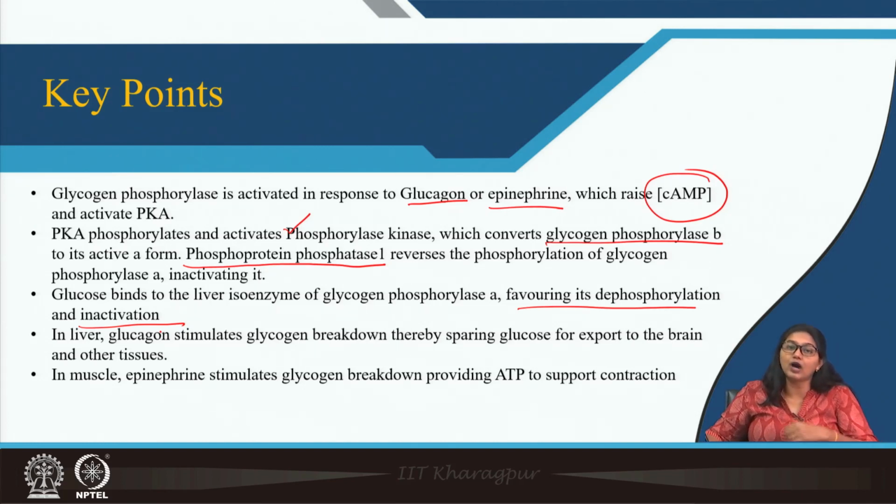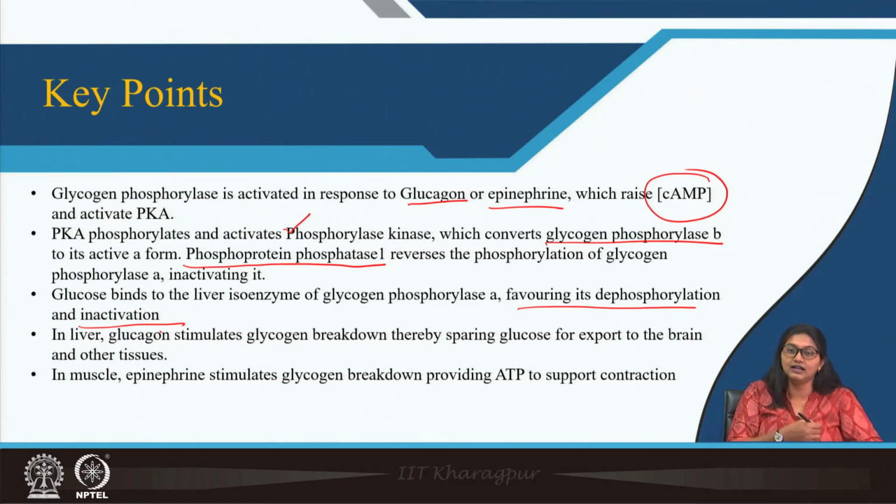In liver, glucagon stimulates glycogen breakdown, and this breakdown spares glucose for export to other tissues such as the brain. So, those tissues which are dependent on glucose for the provision of energy get glucose via glycogen breakdown, and that is solely controlled by the action of liver glycogenolysis.